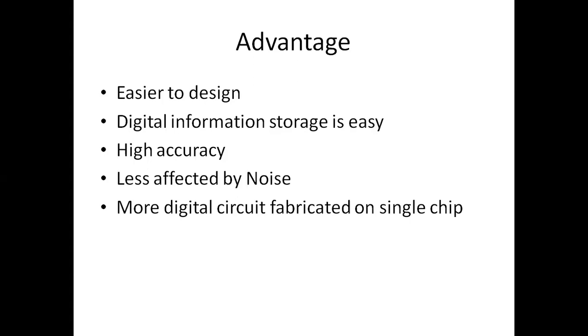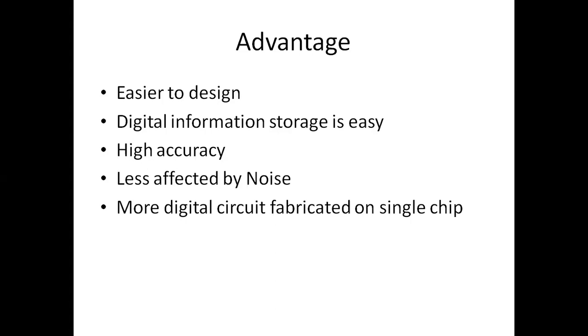That means in a digital system we can fabricate thousands or millions of ICs on a single board. So we can reduce the size of the circuit and the size of the board. We can see that mobiles and laptops are in very compact form.